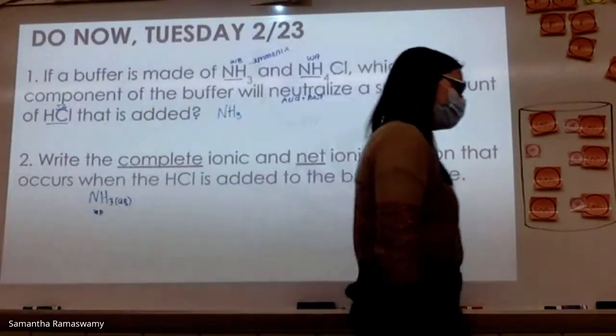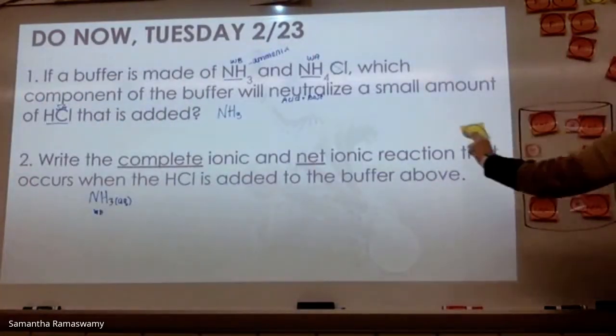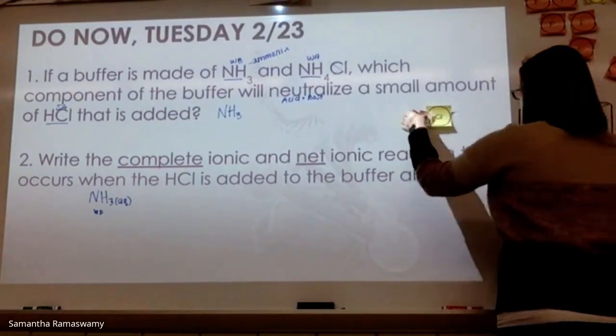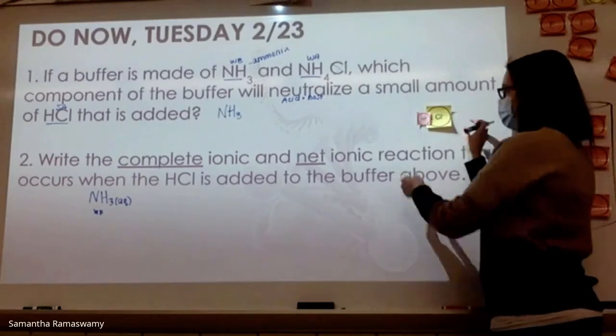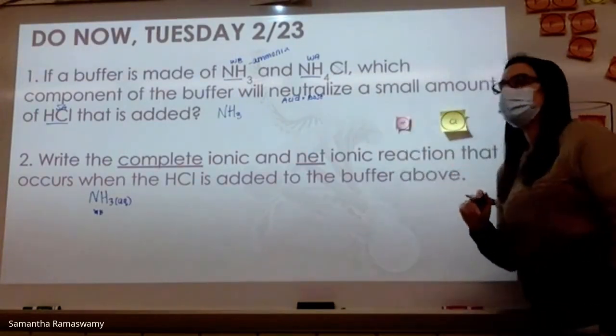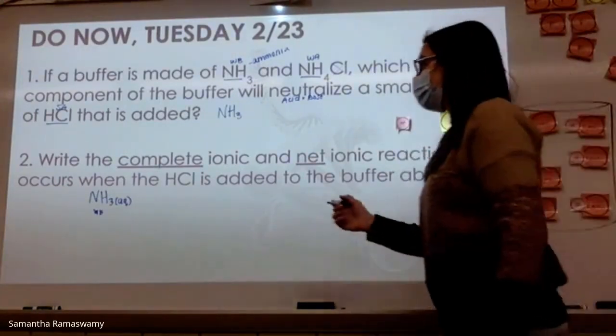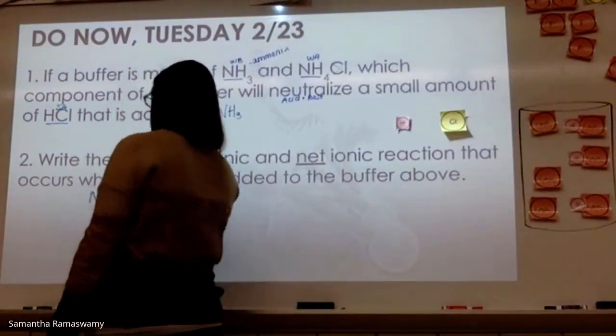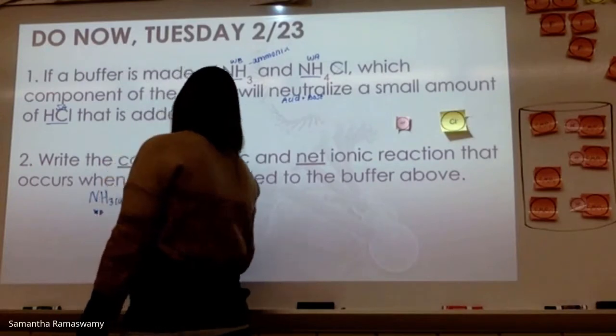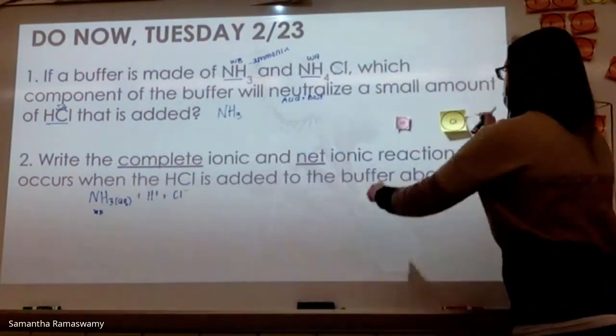So like I showed yesterday, here's HCl. You put this into water because it's strong, it immediately ionizes. So when we write HCl, it's going to be H+ plus Cl-.